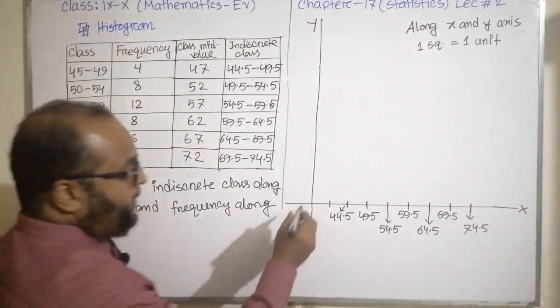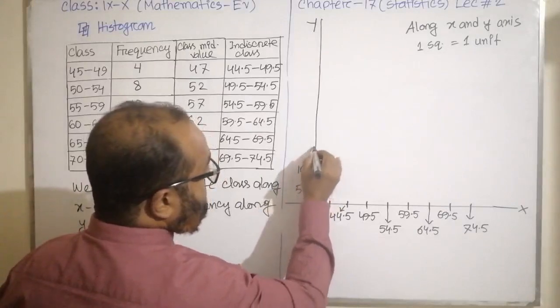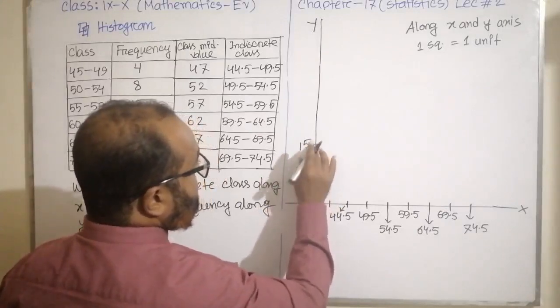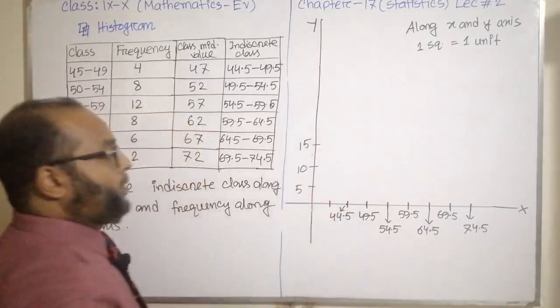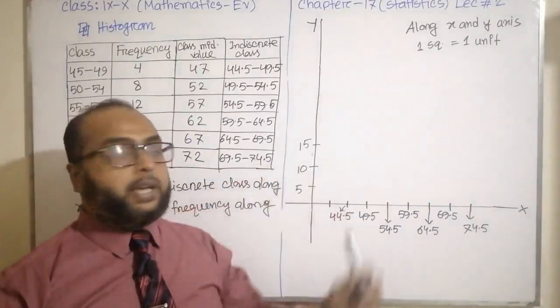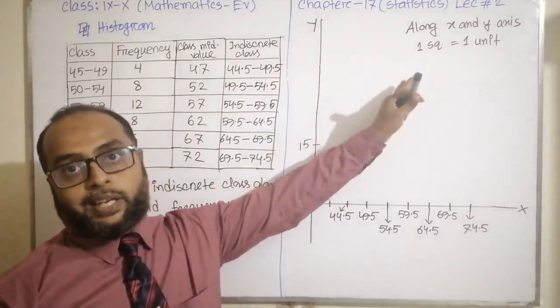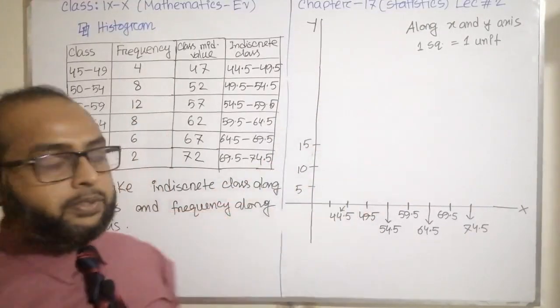Okay, and here this is 5, this is 10, this is 15. Also consider along the x and y axis 1 square equals 1 unit. This is the scale of our graph.